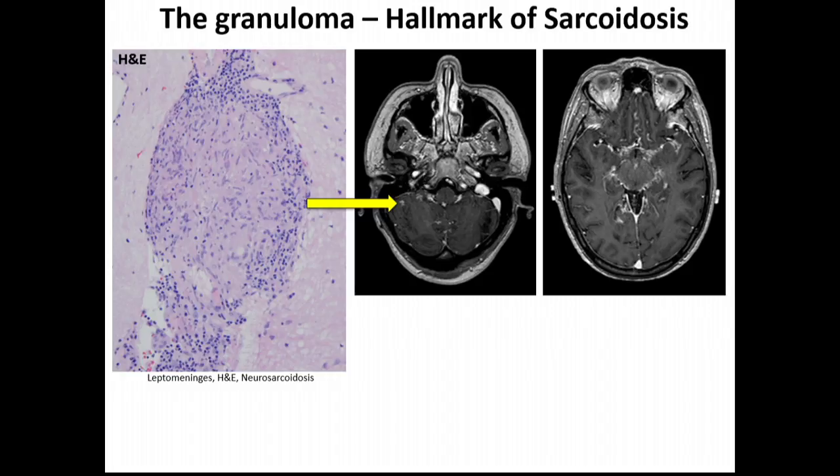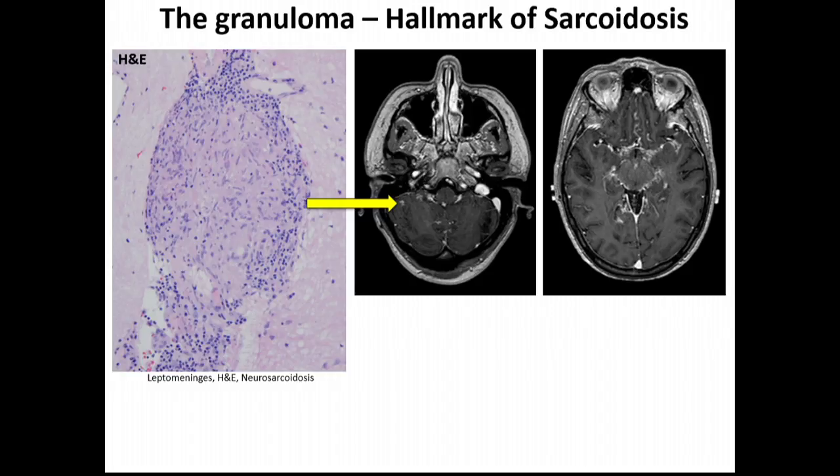Sometimes we call it non-caseating. Caseous means cheese-like. Pathologists like to describe everything as food. It's really just synonymous with non-necrotizing. But that's what we mean, non-caseating, non-necrotizing. Infectious granulomas, classically TB, fungus, some viruses, but especially TB and fungus, are poorly formed and necrotizing.